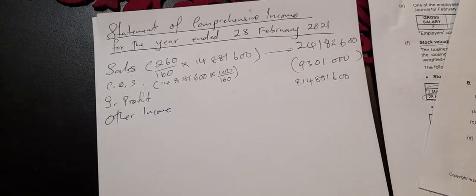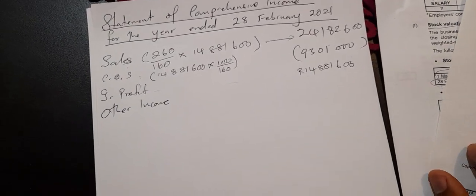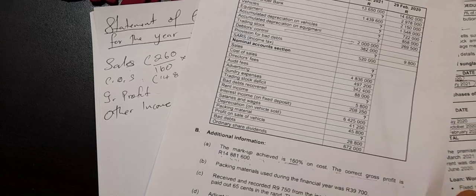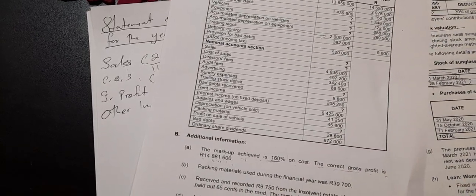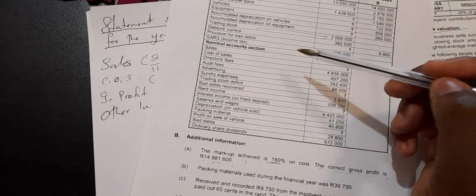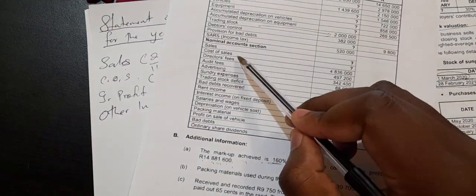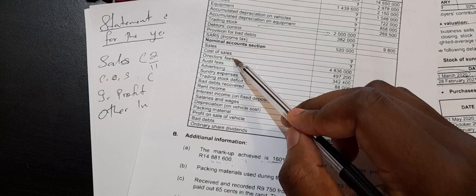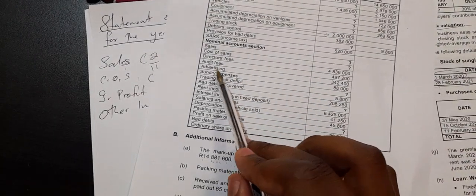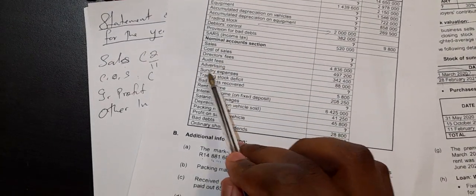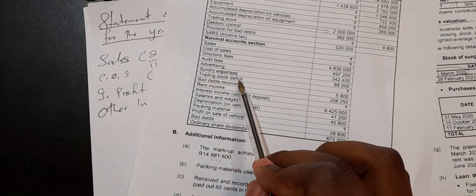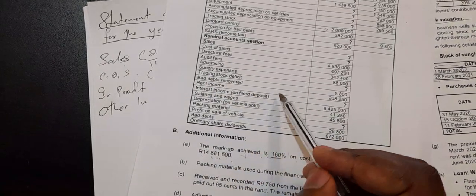Now we need to scan what other incomes do we have. When you check the information provided, we have your sales, cost of sales, directors fees, audit fees, advertising, sundry expenses, trading stock deficit, bad debts recovered.